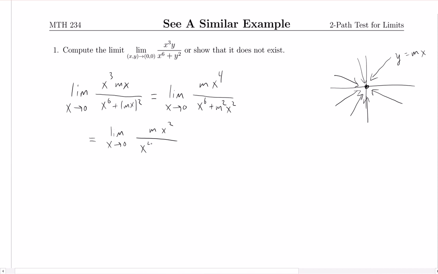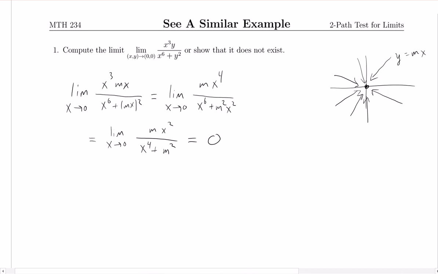On the bottom, we pull out an x squared. And you'll see that as x goes to 0, this is equal to 0. Since the top, the numerator, if we just plug in 0, we get 0. And the bottom, if we plug in 0, we get m squared, which is not necessarily 0.